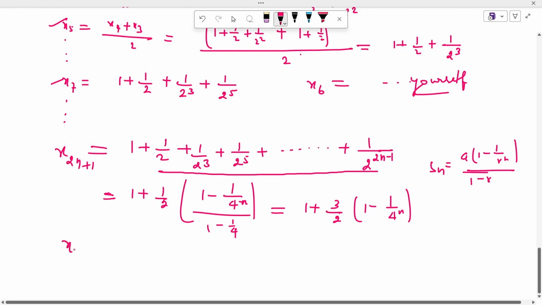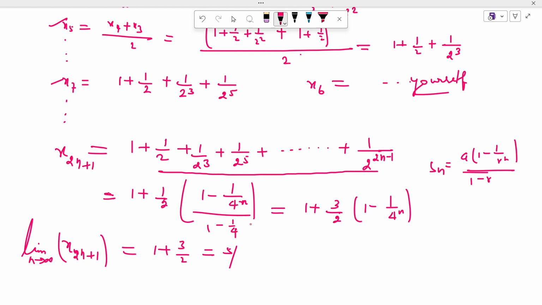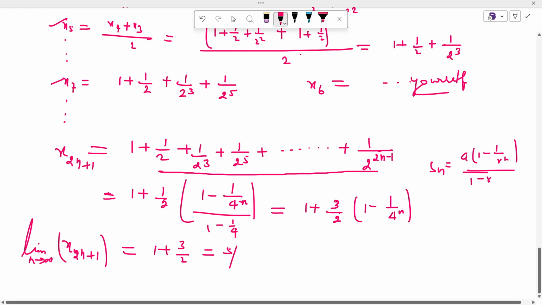As n goes to infinity, the limit of x(2n plus 1) is 1 plus 1 by 2 divided by 1 minus 1 by 4, so it is 2 by 3 basically. You are right. Thank you. So it is 5 by 3.